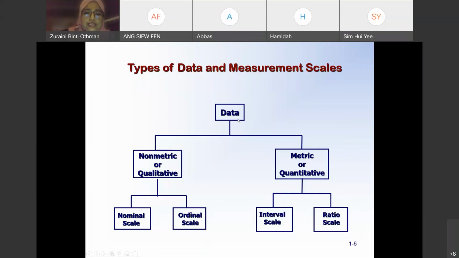For example, the type of data will be non-metric or qualitative. The other type is metric or quantitative. Non-metric includes nominal scale and ordinal scale, and metric, which is quantitative, includes interval scale and ratio scale.